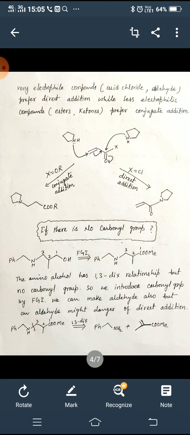But there is one important thing: there should not be a carbonyl group as aldehyde, because in the presence of aldehyde there is a possibility of direct addition.